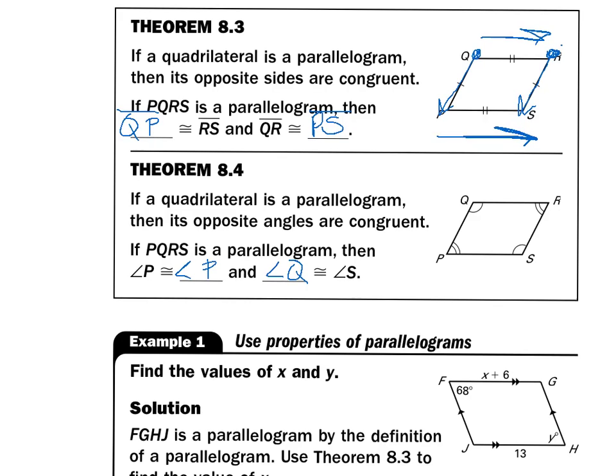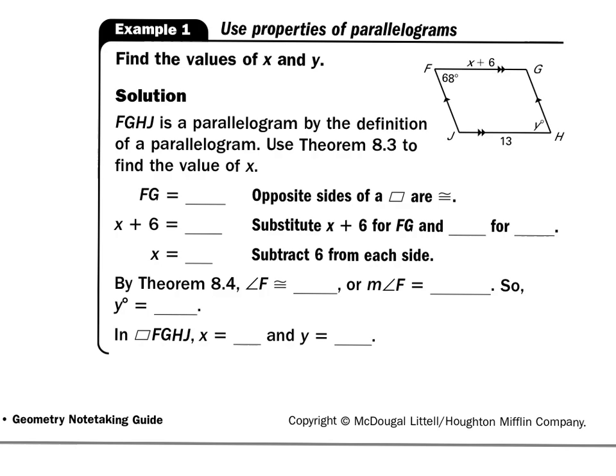So example 1, use these properties. Find the values of x and y. So we know that opposite sides of a parallelogram are congruent. This is an easy way to write that. So FG is the same measure as JH.